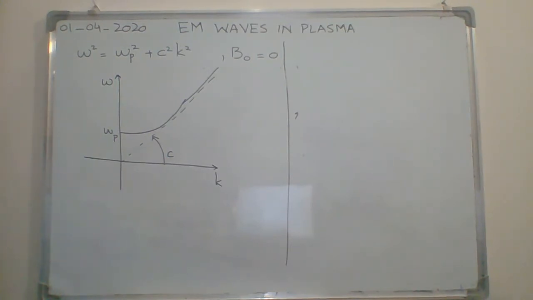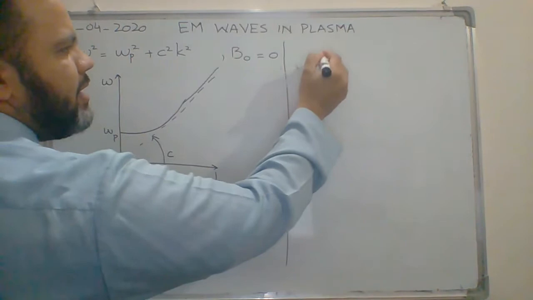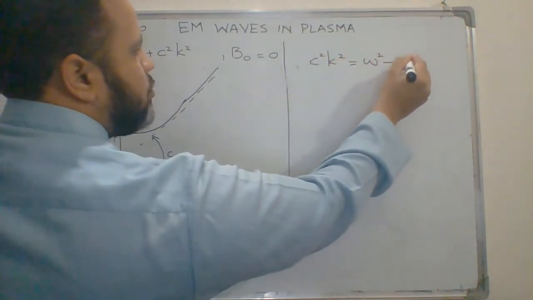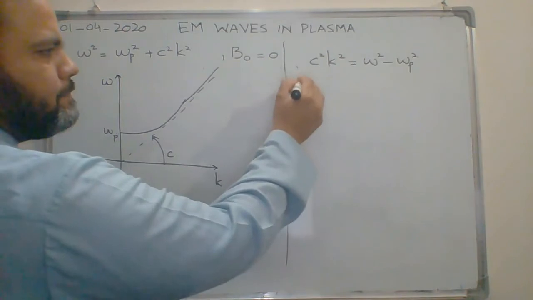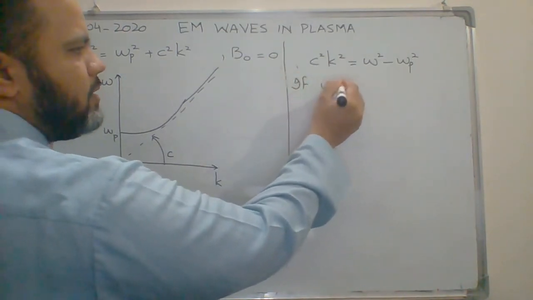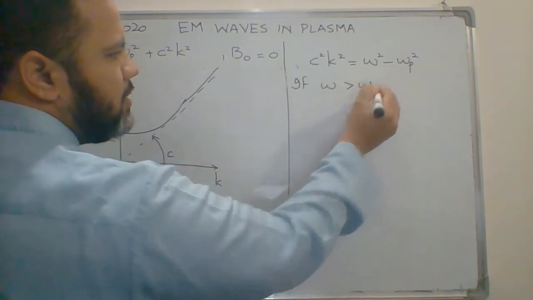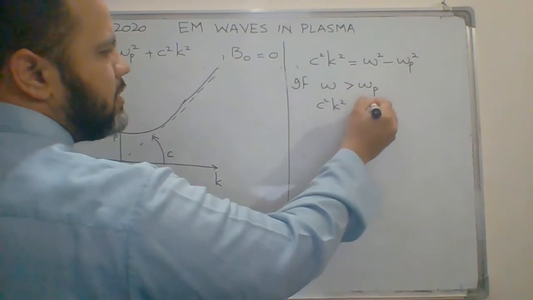Now, I'm going to show you a bit more about this relation, why it is so important. You can see I can write it in this form: c square k square equals omega square minus omega p square. Now, from this expression, you can see that if omega is greater than omega p, then we have c square k square greater than 0.